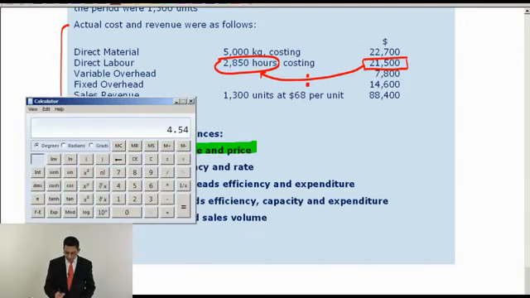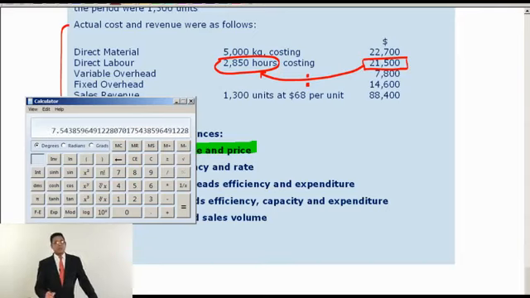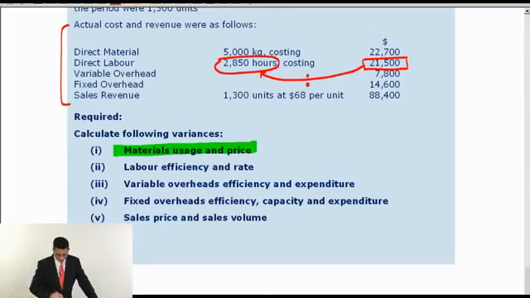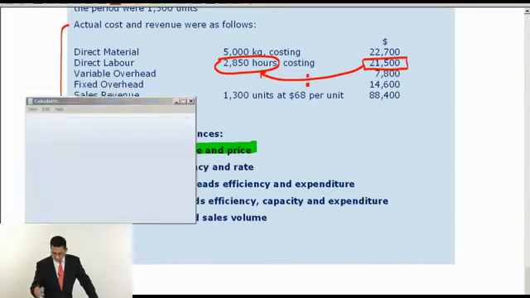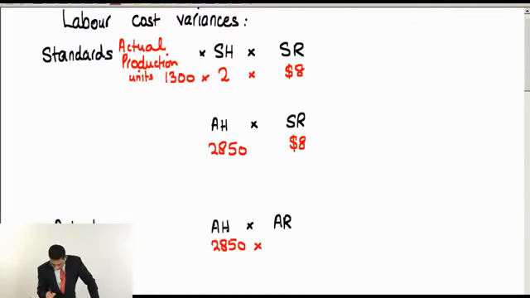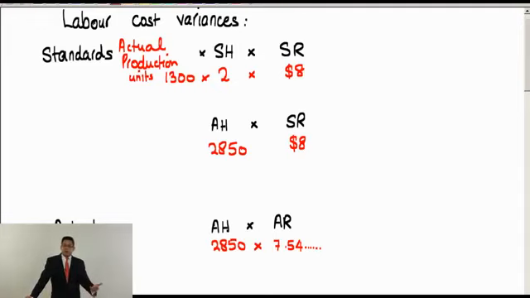Simply divide 21,500 over 2,850, which gives us approximately 7.54. Okay, it's a slightly lower average rate, but 7.54 rounded off.